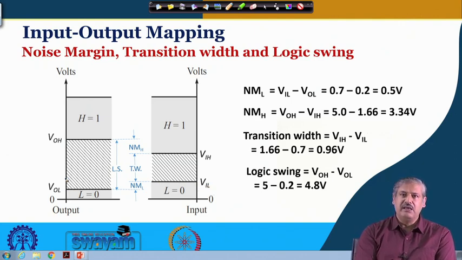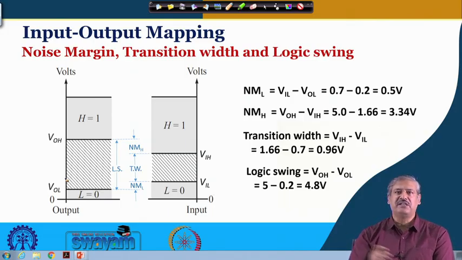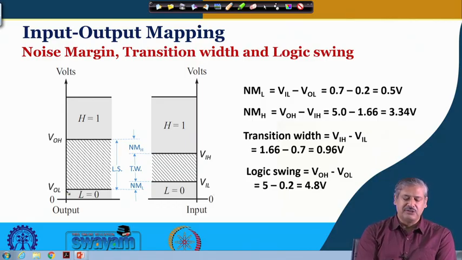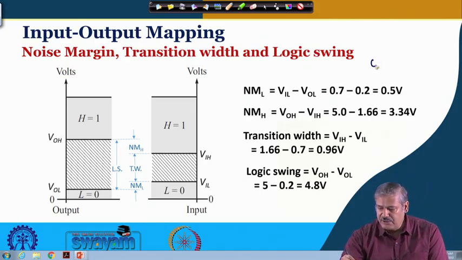Here, if this inverter is connected to another similar device at the next stage, when it is at logic low, what is the voltage it is offering? 0.2 volt or less, the maximum voltage is 0.2 volt. Now, imagine some additive noise gets added. If there is a 0.1 volt noise, the voltage at the output will be 0.2 volt. What I mean over here, let me draw a diagram which might make it clear to you.